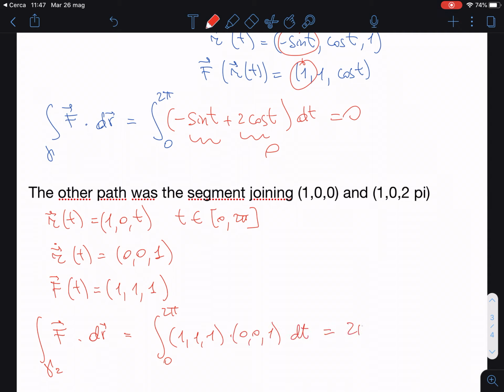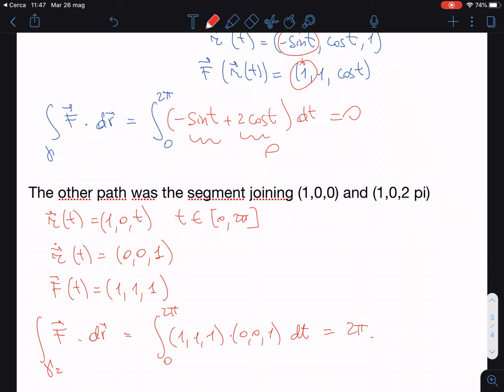So this is equal to 2 pi because it is just the integral of 1. I mistook this part when doing the exercise last time. Thank you to the one of you who told me there was a mistake, and I think this time things go better.